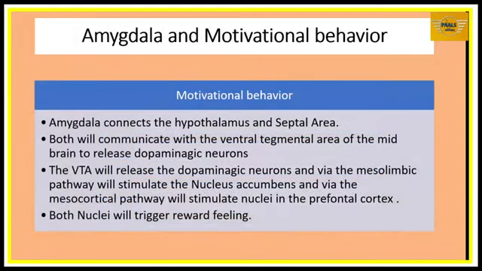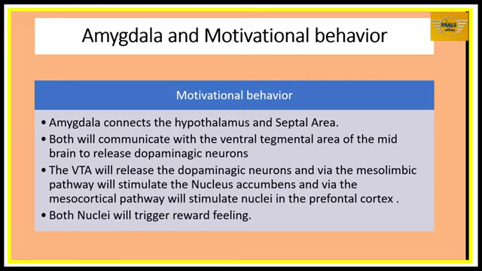Amygdala is also involved in our motivational behavior. How does amygdala also affect our motivational behavior? Now, it has connection with the hypothalamus and septal area. Both areas will communicate with a specific part of the midbrain, the ventral tegmental area, which will release dopaminergic neurons.